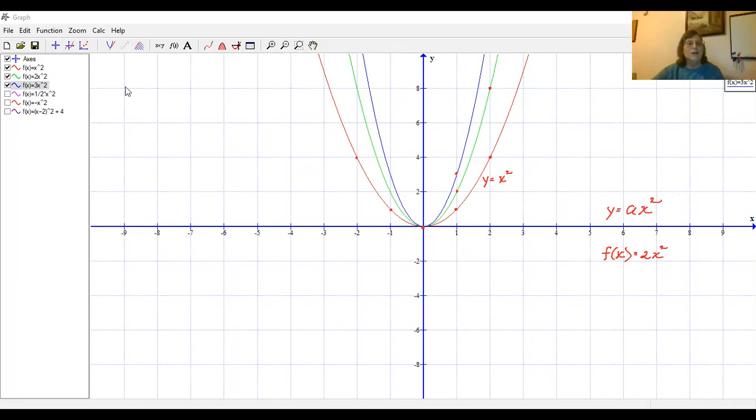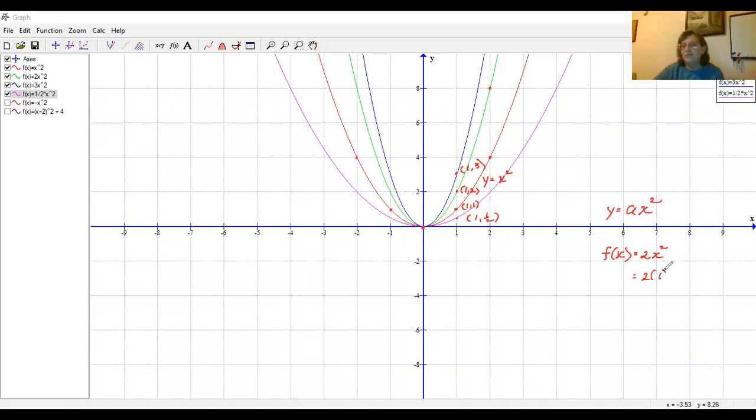We can look at the graph of 1/2 x squared, and now it only goes up halfway to 1. And sure enough, the first point is right here at 1, 1/2. This is the point 1, 1. This is the point 1, 2, 1, 3. And again, that only works because 1 squared is still 1.